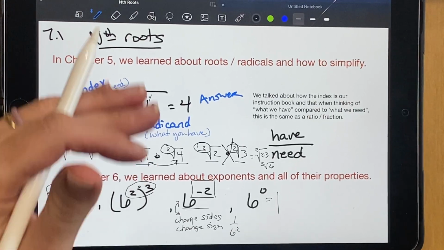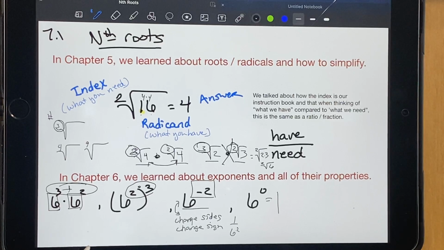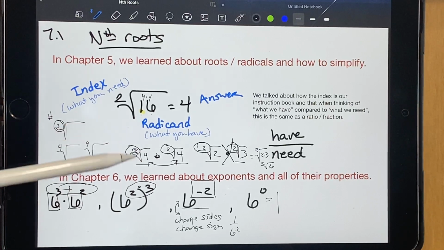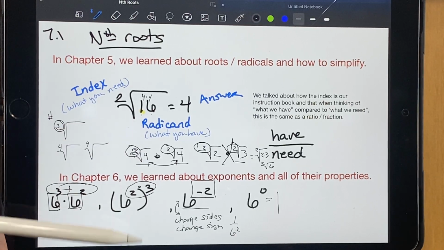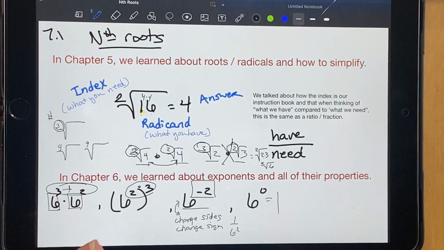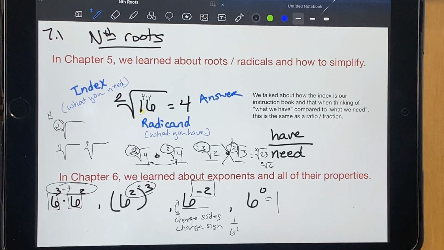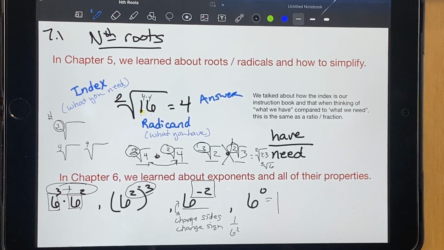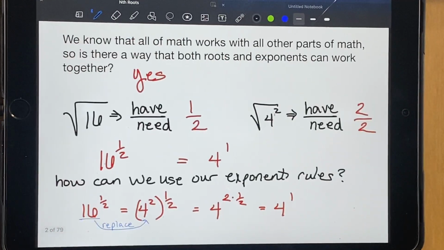So is there a way that we can work back and forth between our different forms of our radicals and our exponents to use the rules that we have for each of them to help us solve for x? And this is just a part of learning all of the different tools and being able to work them together.